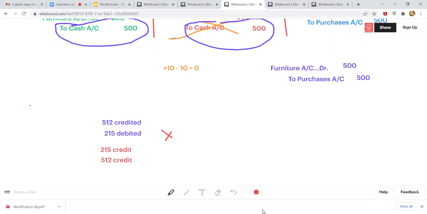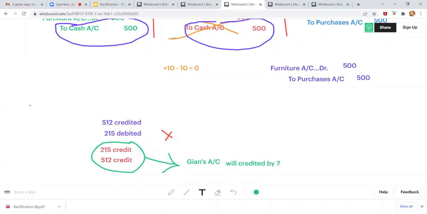This we have to do in Jian's account, right? So now Jian's account will be credited by how much amount?